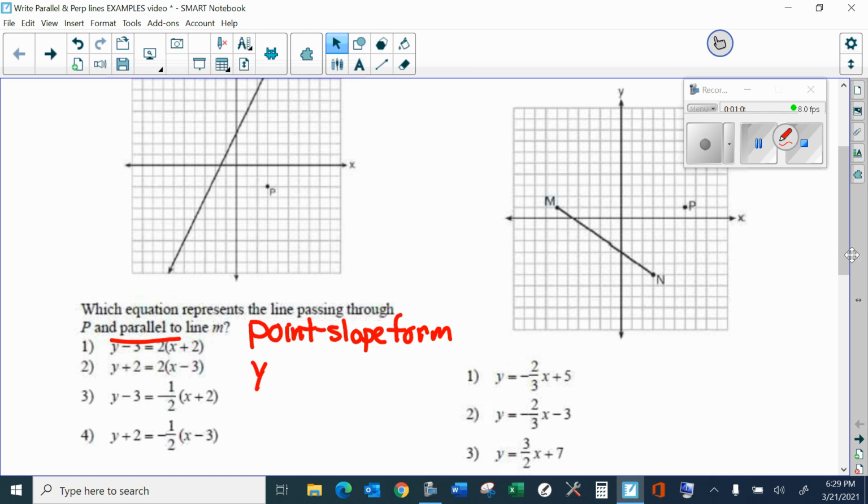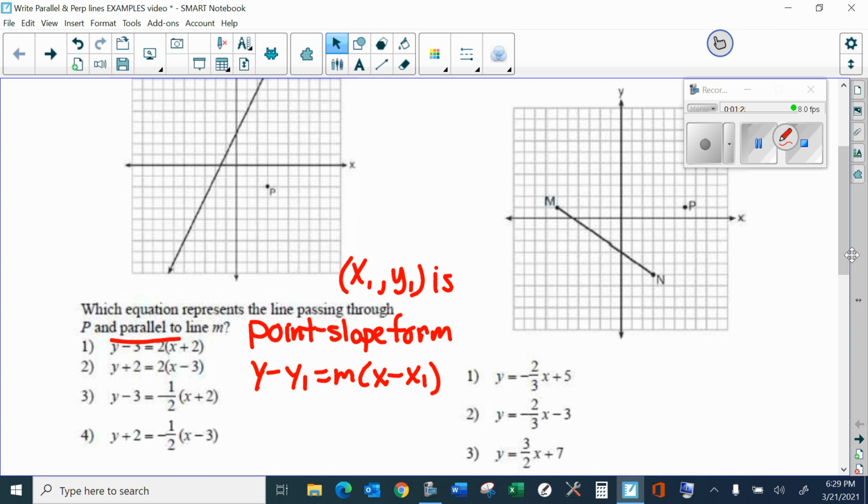And it's y minus y sub 1 equals m times the quantity x minus x sub 1, where x sub 1 comma y sub 1 is a given point on the line. M is the slope.